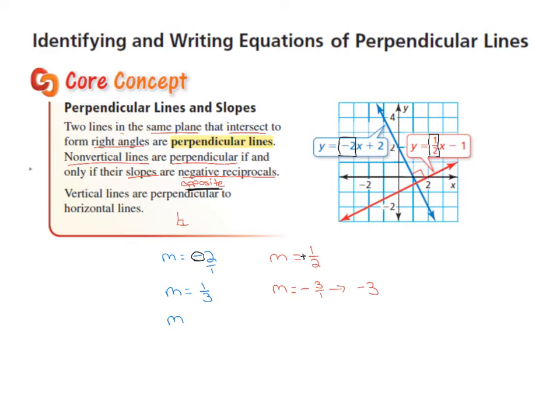If my original slope, for example, was -4/5, my perpendicular slope would have to be positive, and then flip the 5 to the top and the 4 to the bottom. I don't have to write the positive in front of it, so the best answer is the slope would be 5/4.